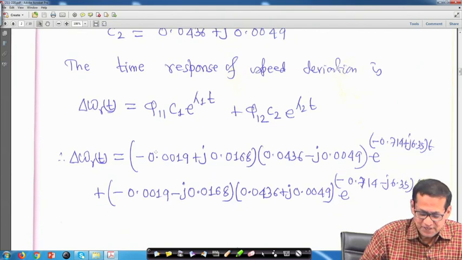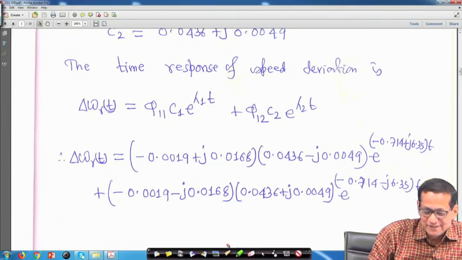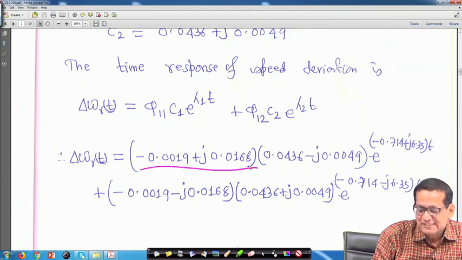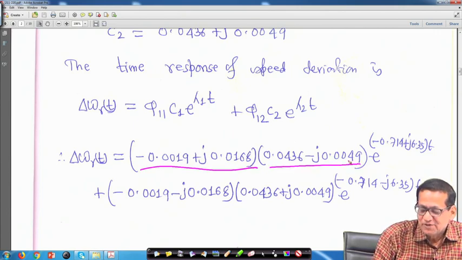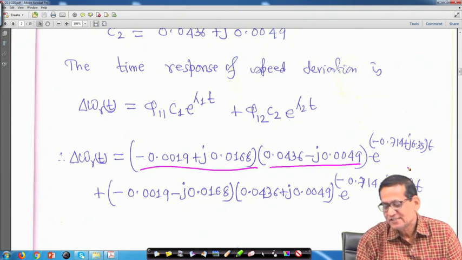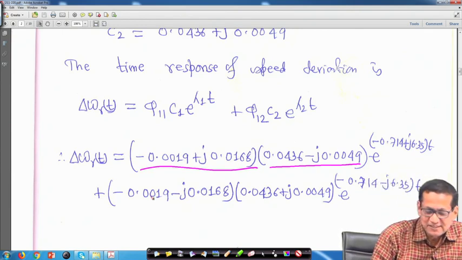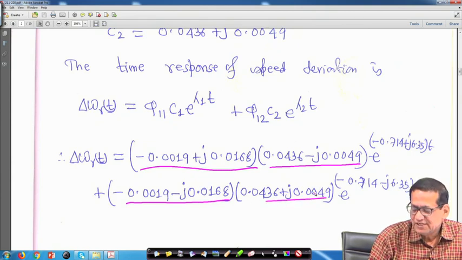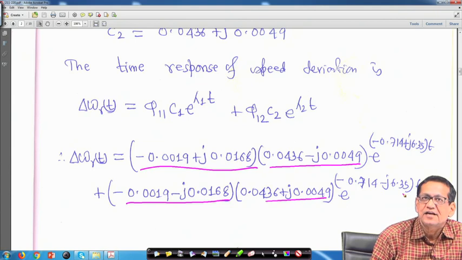It will be in this very complicated form: phi 1 1 is minus 0.0019 plus j 0.0168 and C 1 is 0.0436 minus j 0.0049, then e to the power lambda 1 is minus 0.714 plus j 6.35 into t, plus phi 1 2 minus 0.0019 minus j 0.0168, then C 2, 0.0436 plus j 0.0049, e to the power minus 0.714 minus j 6.35 t, right.